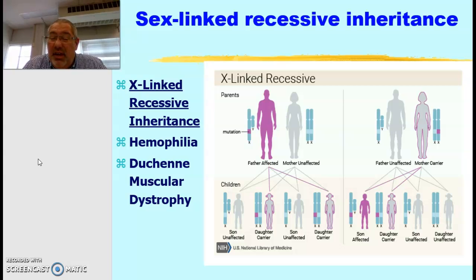And then on the right it has mother as a carrier and father unaffected, and there's a 25% chance for an offspring to be affected, and of the two possibilities for sons, one of the two would have the condition. So it's more likely for a son to inherit an X-linked condition than a daughter.